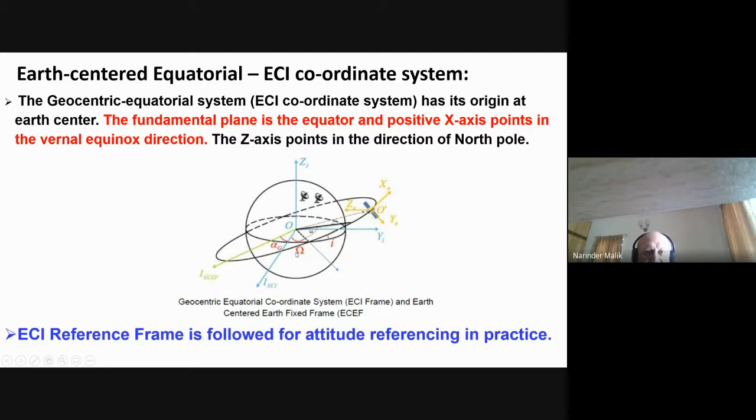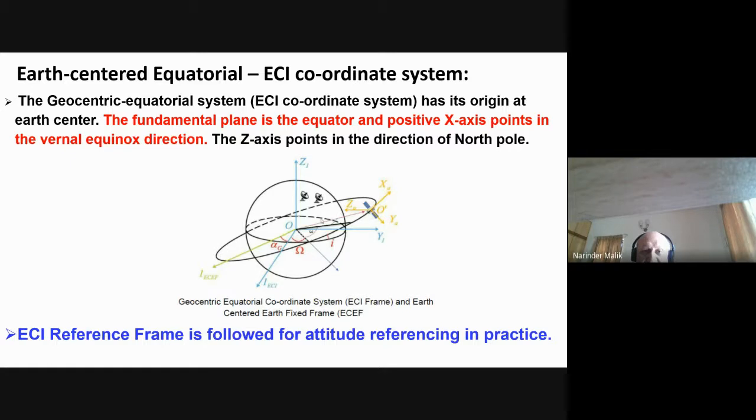We told earlier also about the line of ascending nodes. The ascending node angle is measured where the orbital plane of the satellite intersects the equatorial plane. That angle measured from ECI is called capital omega. And in the plane of the orbit motion, small omega measures the line of perigee.